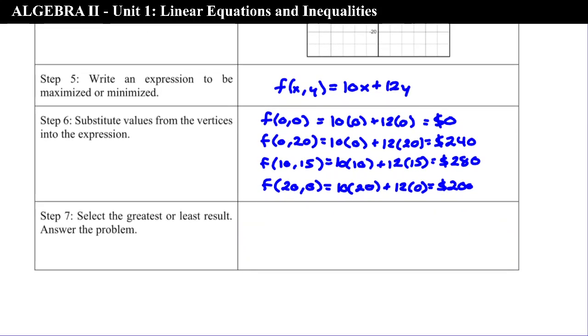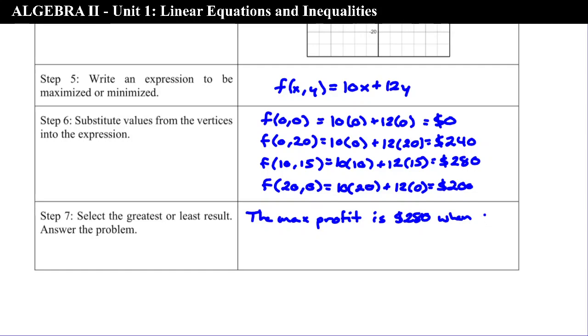Okay, so it's all useful information, but what we're asked for is what our maximum profit can be, and that's the answer we're going to write down. The max profit is $280, but again, we need to say how we get that $280.